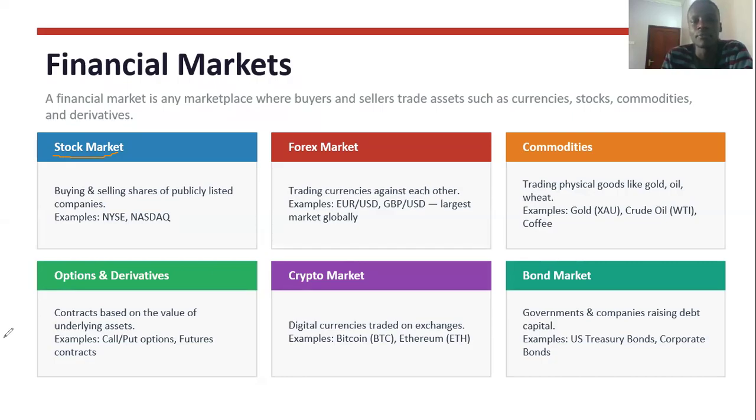Under stock markets, there is mainly the buying and selling of shares, but the key thing is publicly listed companies. Under these publicly listed companies, you could have Netflix, Meta, Tesla, but they're mainly tech companies.